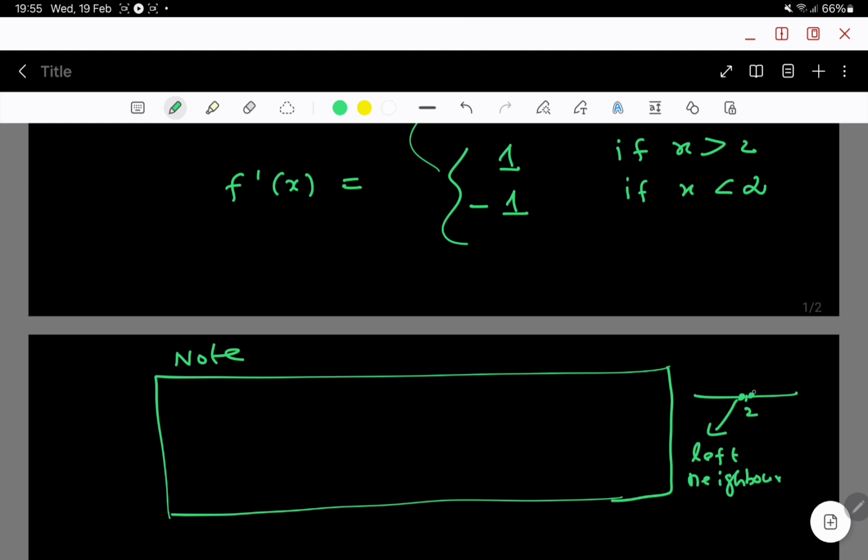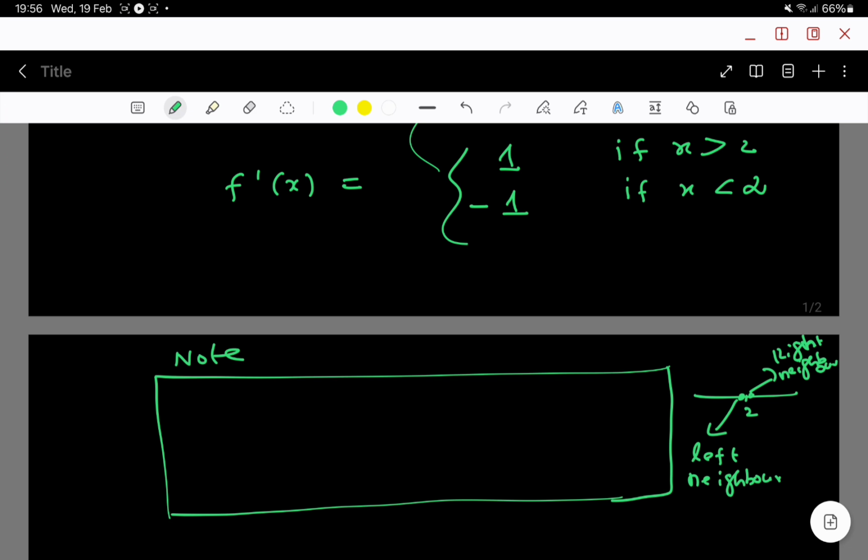This is the right neighbor. So in the left neighbor point and right neighbor point, for x is equal to 2, the derivative is not same, because at the left neighbor of 2, f dash of x is minus 1.